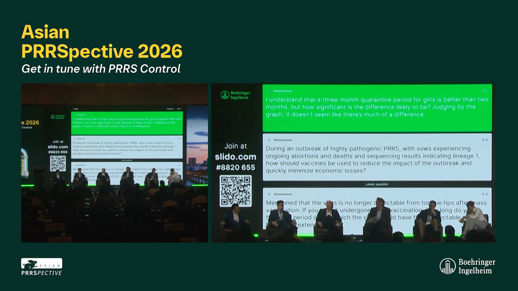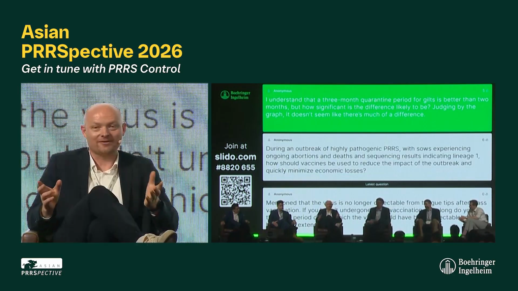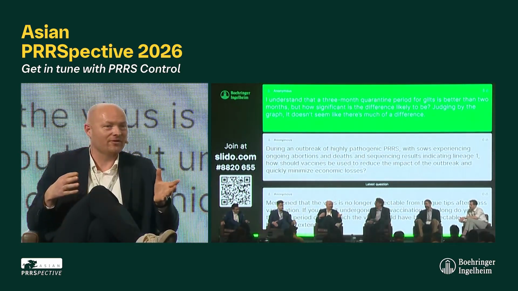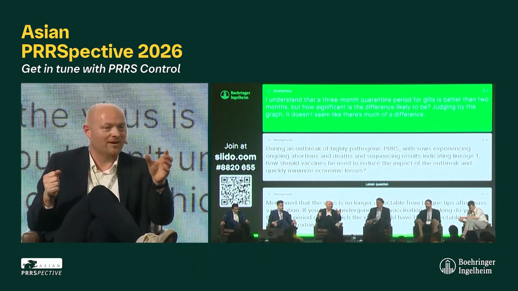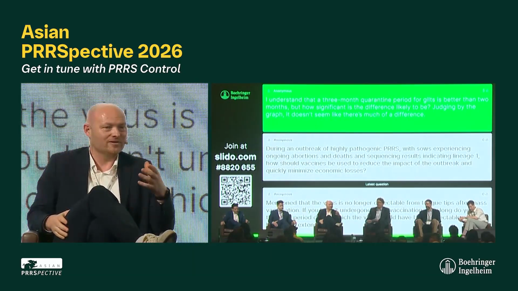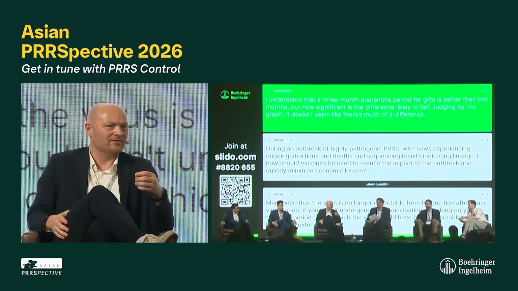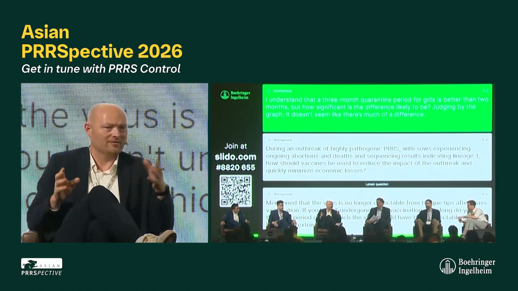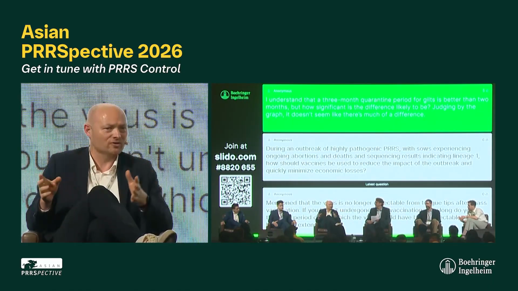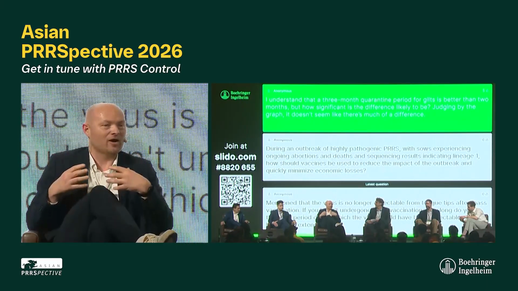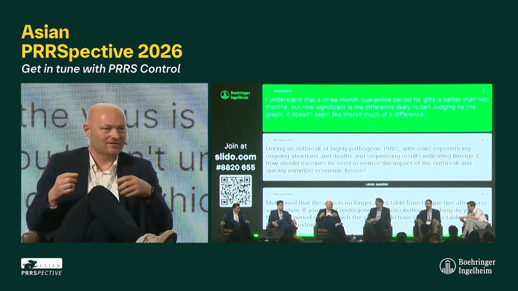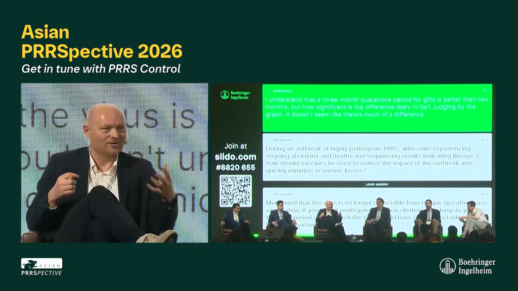I guess I heard that question before, and you can also get that question on a lot of other aspects of PRRS control. This is just one minor thing where you can get the question, well, is it really necessary to do this? There are always some arguments why not to do it. And you can ask back, okay, how safe do you want to be? It's sort of a lottery. What is the chance of things going wrong?